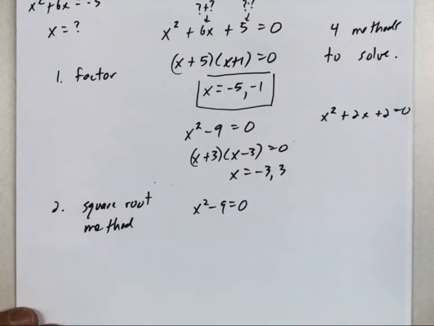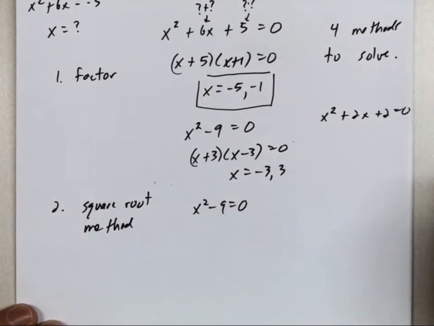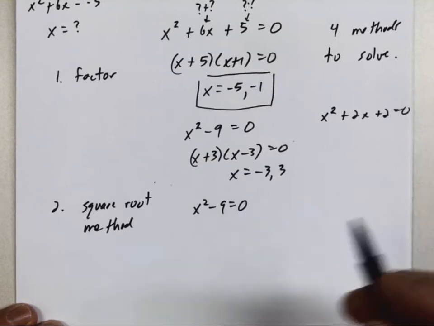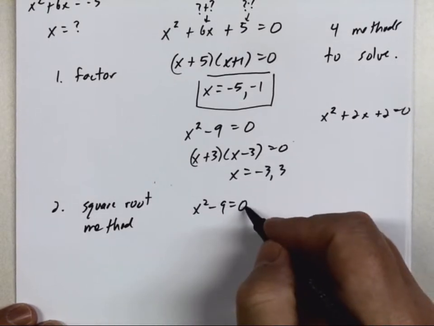There will be occasionally quadratic equations where you can get the squared variable by itself on one side, or a squared parenthesis, and I'll do an example in a minute of that, and then you can easily solve it. In other words, normally when you solve a quadratic equation, you have one side equal to 0.